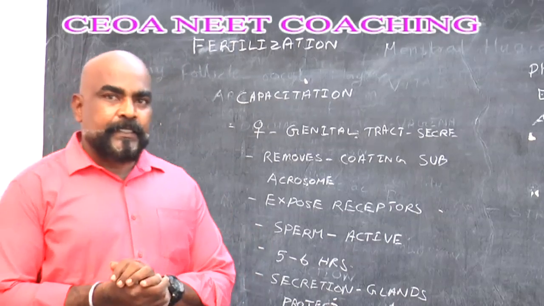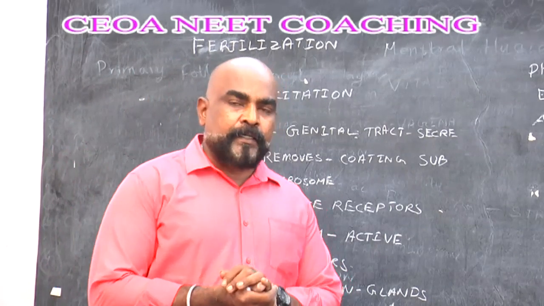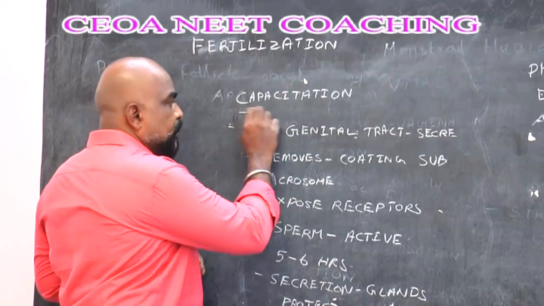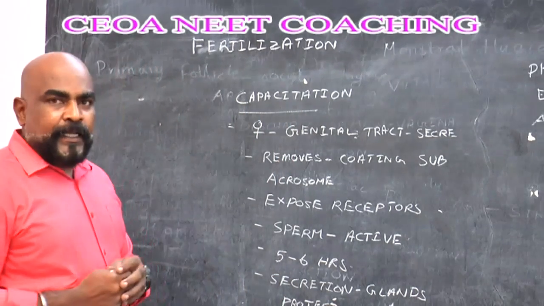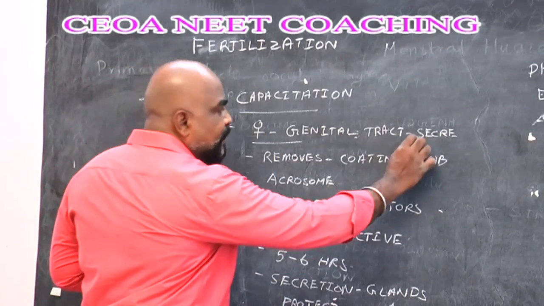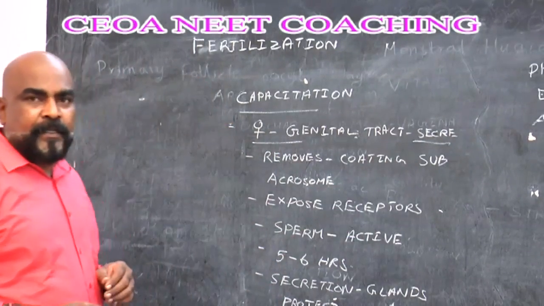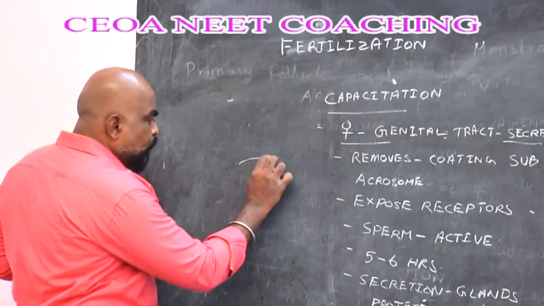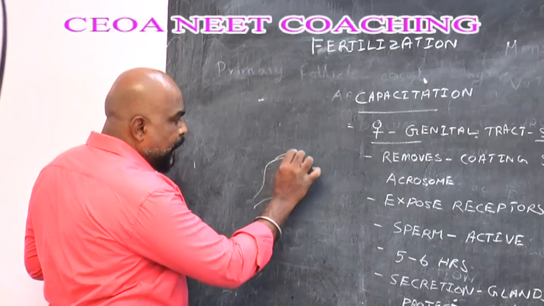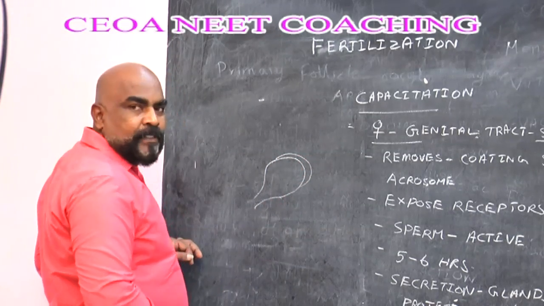Now there is an interesting process happening within the female genital tract, which is called capacitation. The female genital tract secretes certain substances which remove the coatings on the acrosome. This is the acrosome.